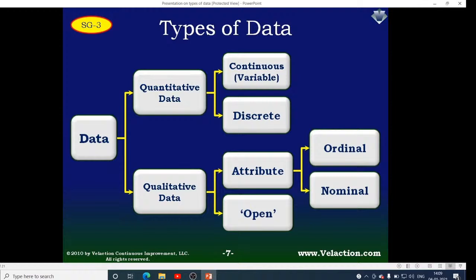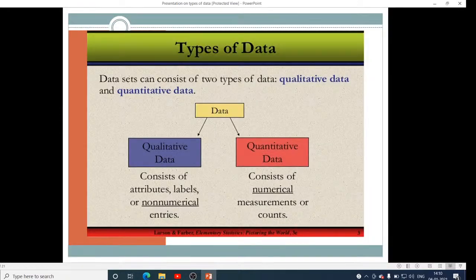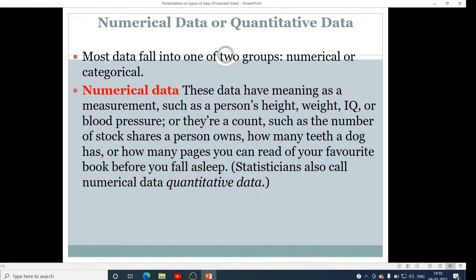So let's see what the quantitative data is. I think everyone knows the definition of statistics. If you want to analyze the data, interpret the data, or arrange whatever it may be, first we need data. In these data, the first one is quantitative data.